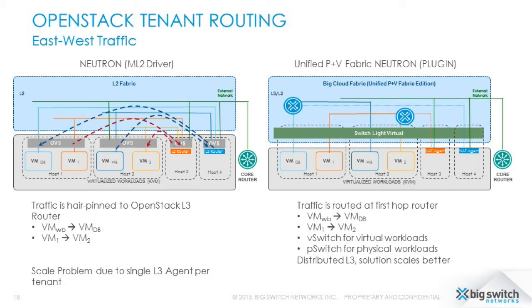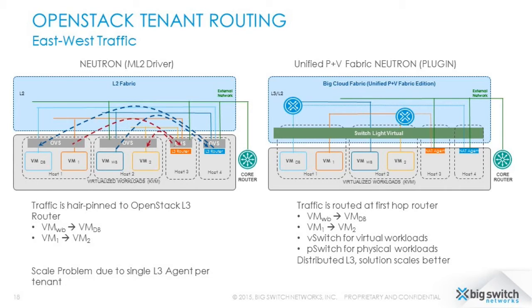This is very similar OpenStack deployment with 2 tenants and 2 segments each. The key difference here is we have Big Cloud Fabric deployment with BSN Neutron plugin, which offloads both layer 2 and layer 3 in the fabric. Since Big Cloud Fabric controller manages both physical and virtual switches, you can see that Fabric extends all the way in the host.